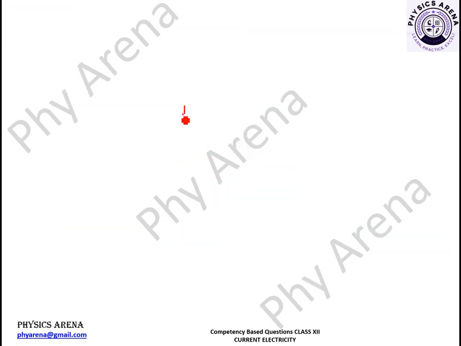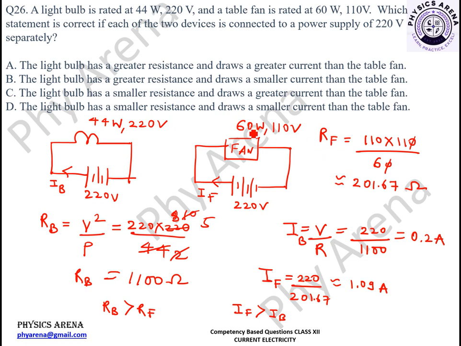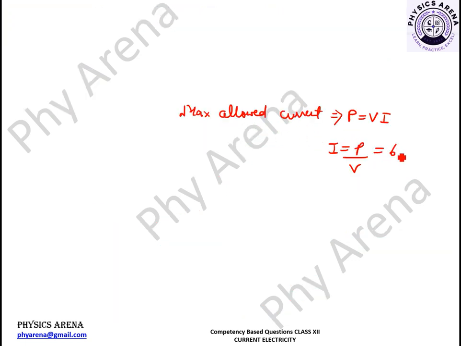For the fan, the maximum allowed current will be found from P is equal to VI. We know the formula, so I is equal to P upon V. P is equal to 60, so 60 divided by 110. When we solve it out, it is 0.54 ampere.